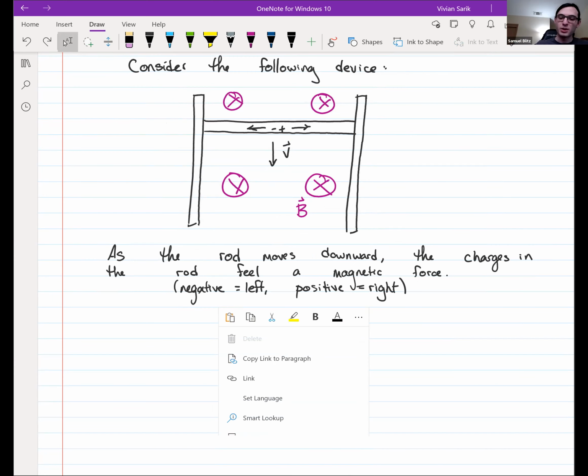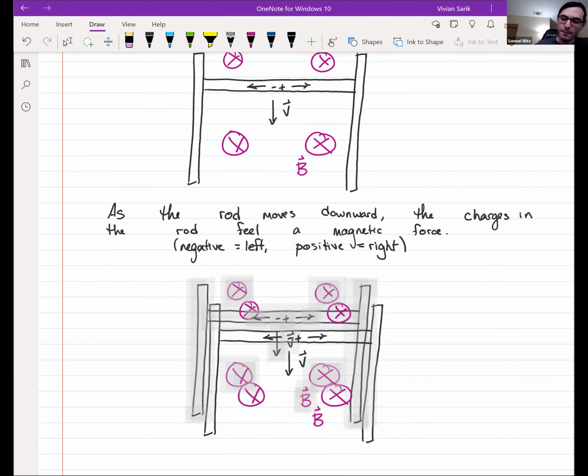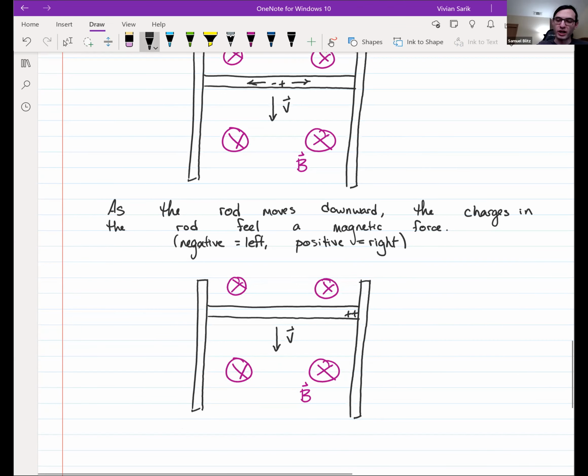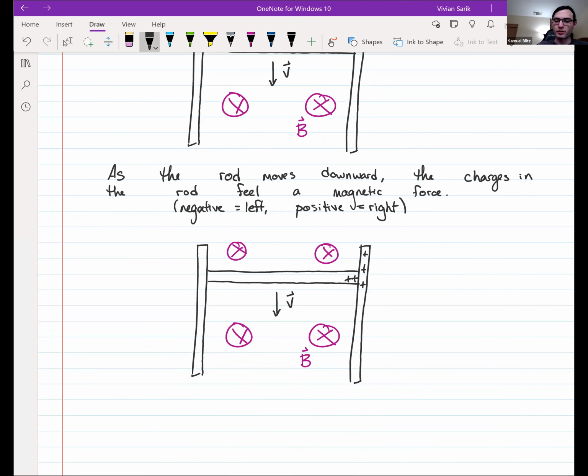We end up with a bunch of positive charges over on the right side. And remember, it's connected to this conductor, so you'll have positive charges on the right conductor as well. A few positive charges, a few negative charges, and then negative charges on the left side.